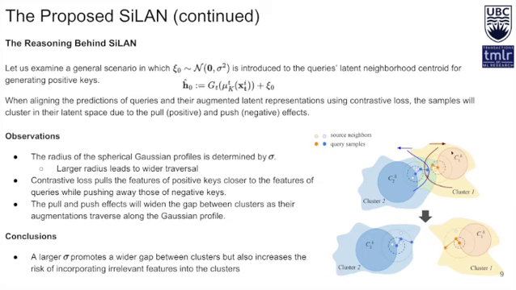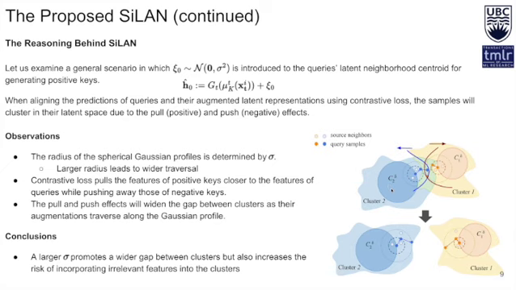As you can see from the figure here, when we align the predictions of the queries and their augmented latent neighborhood using the contrastive loss, the samples will cluster in the latent space due to the pull and push effects of the positive and negative keys, respectively.